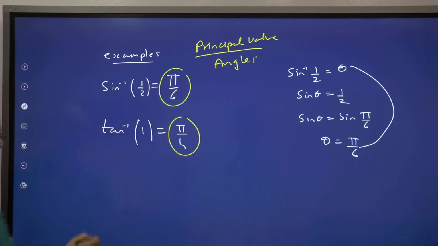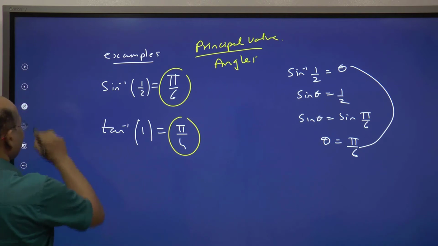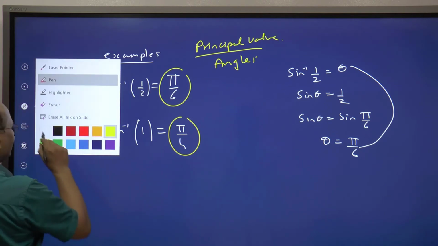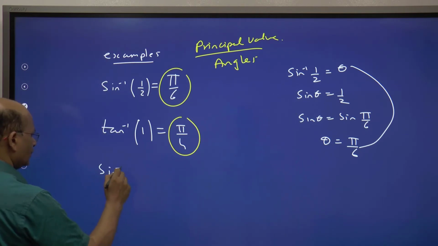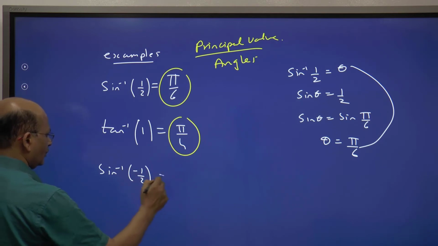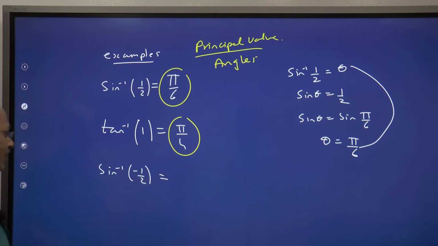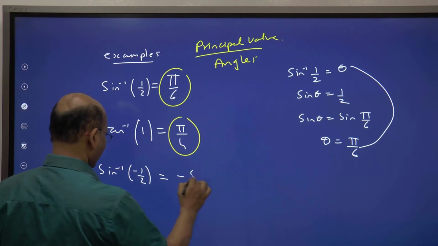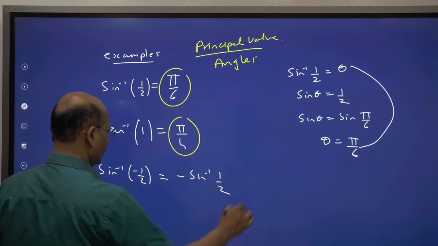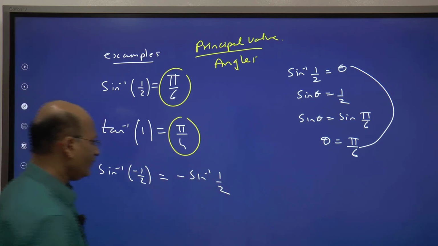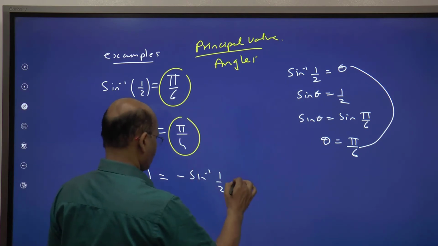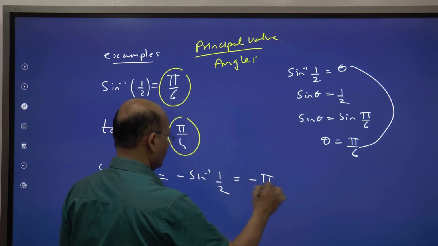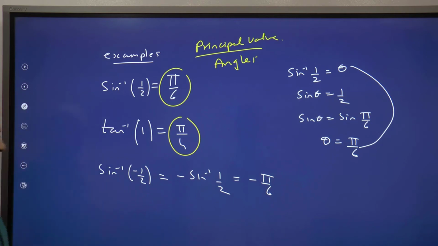If I just twist this up quickly, now if I say sine inverse of minus half, everybody knows you can take this as minus sine inverse half. Sine inverse half is pi by 6, so that is nothing but minus pi by 6.